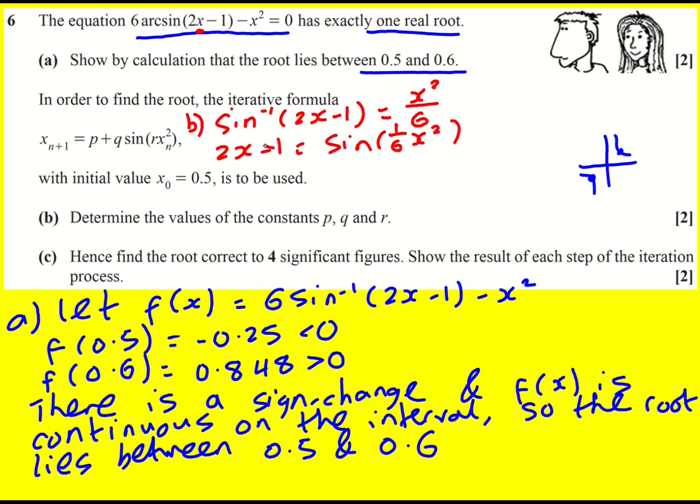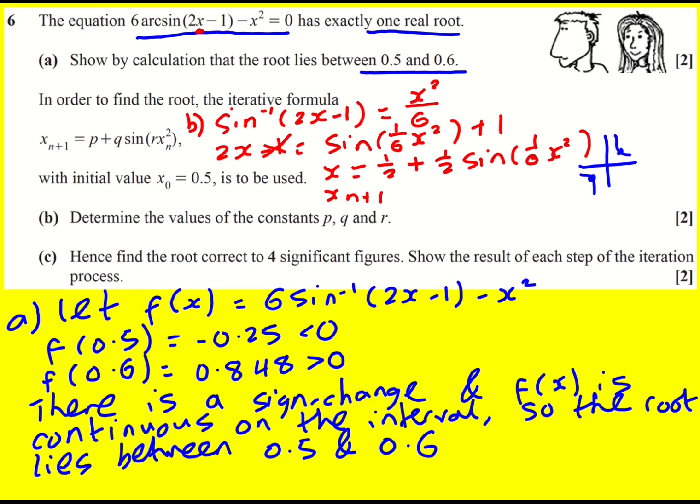I can now add 1. In fact, I'll just do it at the same time here. So finally x, well not quite finally, but x is going to be a half, because I'm going to divide that by 2, the 1, I'm going to swap them around, so plus a half sine 1/6 x squared.